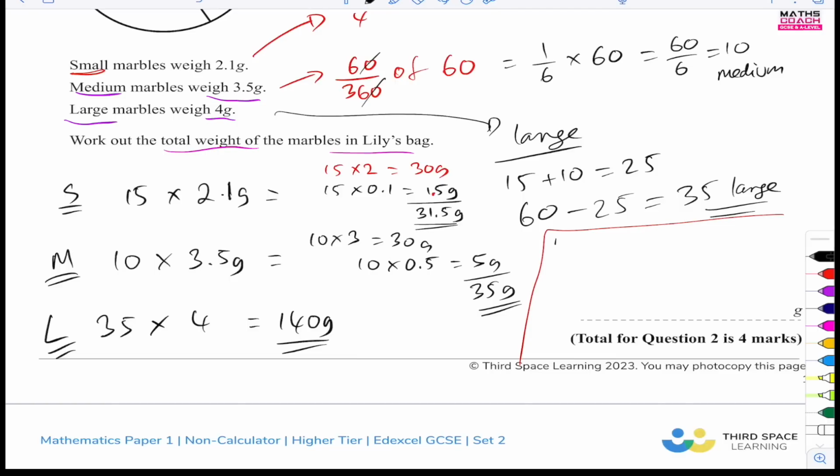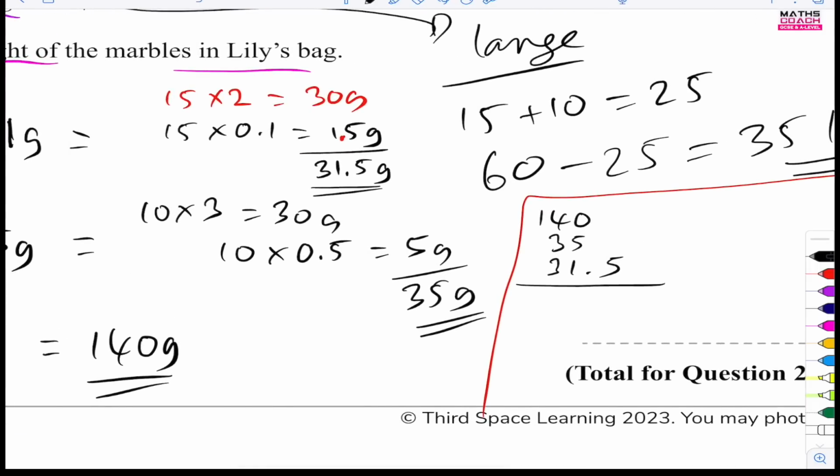So let's go ahead and write this down. So start with the large one, 140 plus 35. I'm going to use a column method to do this, plus 31.5. All right, so we can put zeros here after the decimals to help us. So if you add all of this up, that gives you 5. Put the decimal in. 0 plus 5 plus 1 is 6. 4 plus 3 is 7. Plus the 3 is 10.